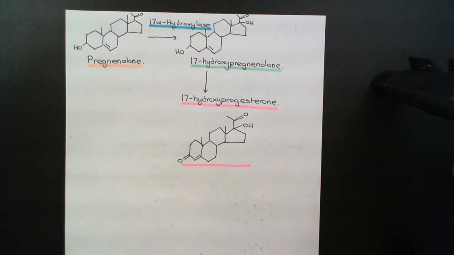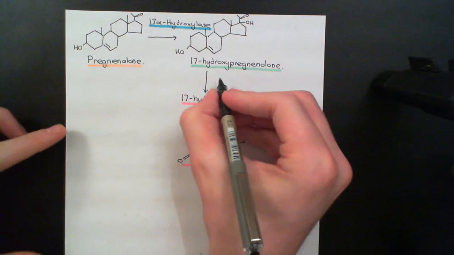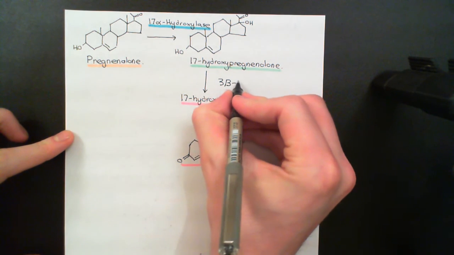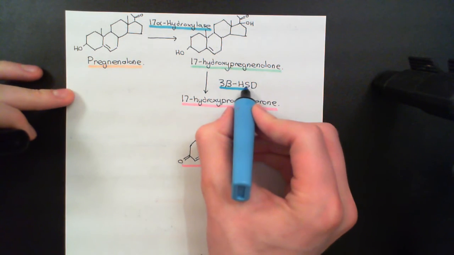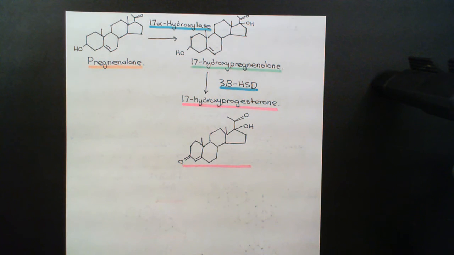To summarise what we've done so far: we've converted cholesterol into pregnenolone by the P450 sidechain cleavage enzyme. Then we overall wanted to convert pregnenolone into 17-hydroxyprogesterone. There were two options as to how you can do this. Either you can let 3-beta-hydroxysteroid dehydrogenase work first, and in fact that's a good point, I didn't actually write that here, but this would be catalyzed by the 3-beta-hydroxysteroid dehydrogenase enzyme, converting the pregnenolone into progesterone, and then you can do the 17-alpha-hydroxylase part and convert the progesterone into 17-hydroxyprogesterone.